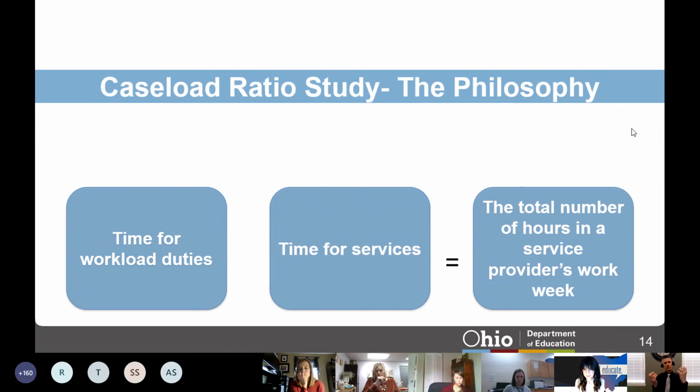Giving them time for their workload duties as well as time for FAPE should be situated within the total number of hours that the service provider is contracted to work within that work week. That was their philosophy, and that was their aim: to find that situation that would allow that.